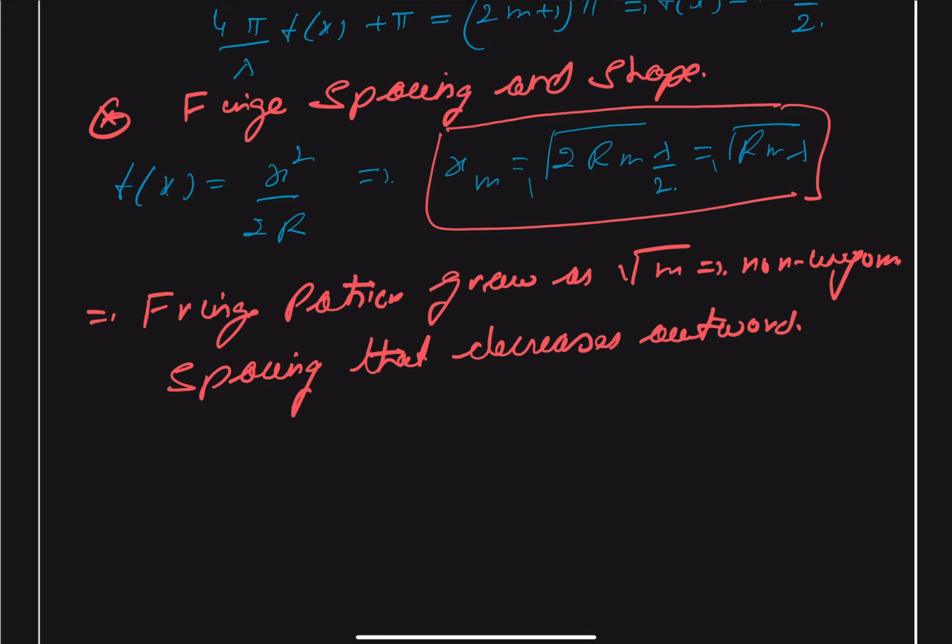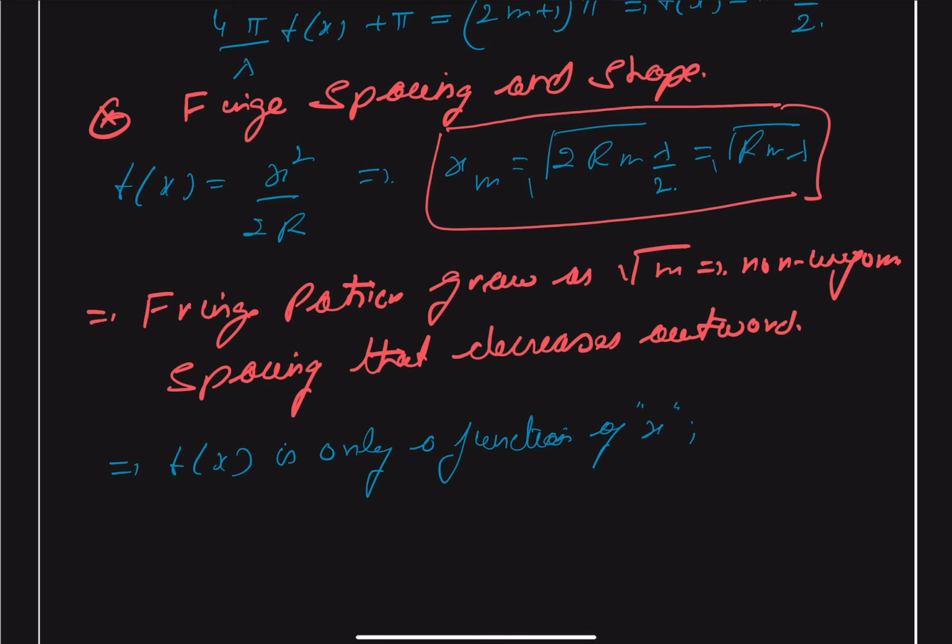And another thing we can say is that our t of x is only a function of x. So it means the fringes will be straight lines because of the constant, and parallel to the cylindrical axis.